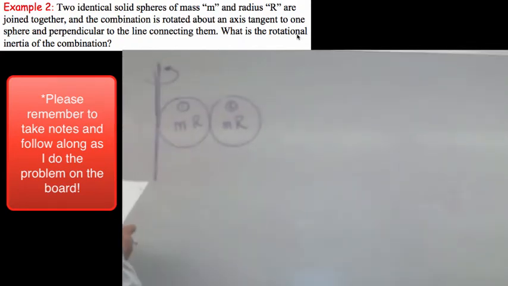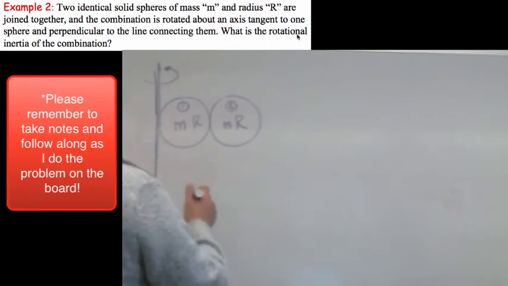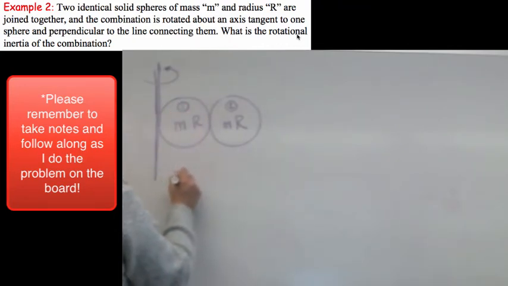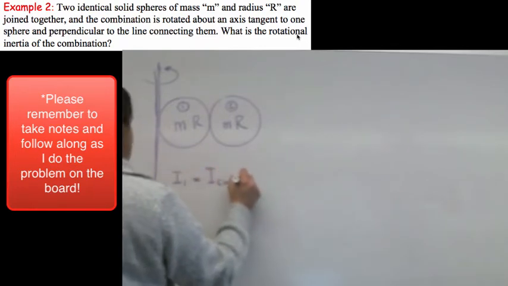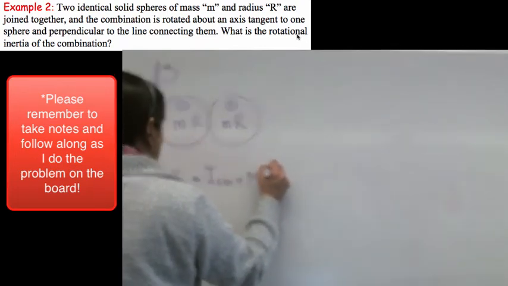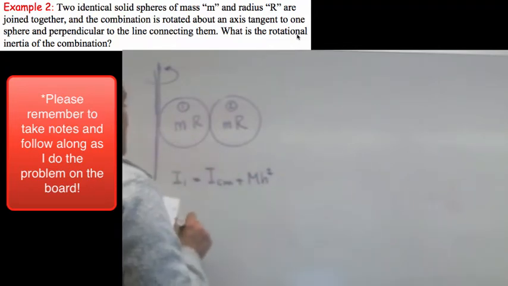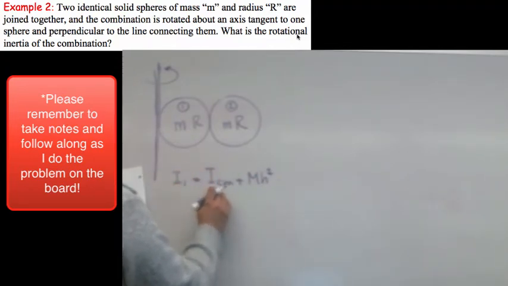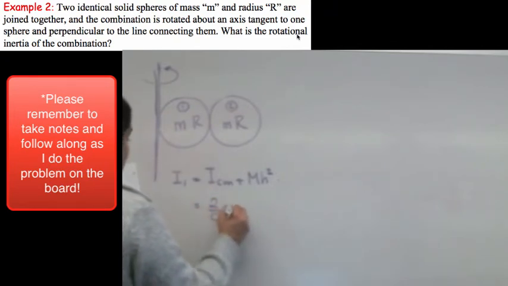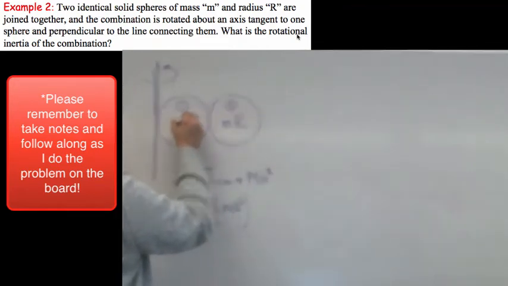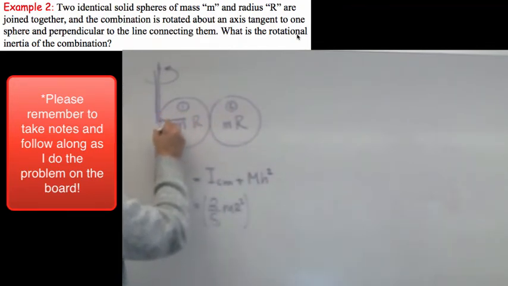So for I1, I'm going to call this I1. For I1, it is going to be I center of mass plus mh squared. Okay? This is going to be 2/5 mr squared, we calculated this. And in this case, this h is actually going to be the radius r.